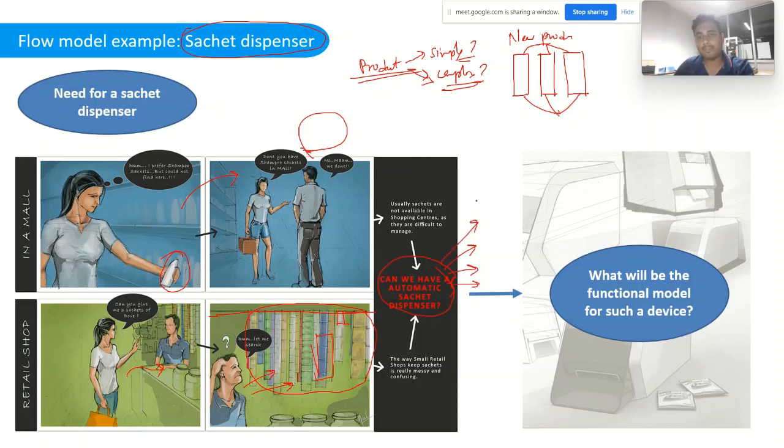These are some example specifications for your understanding. So let's say the device should be able to store at least 50 sachets. Okay, so 50 units, that means it's a value of 50, the unit is the metric sachet, the number of sachets that it can store.